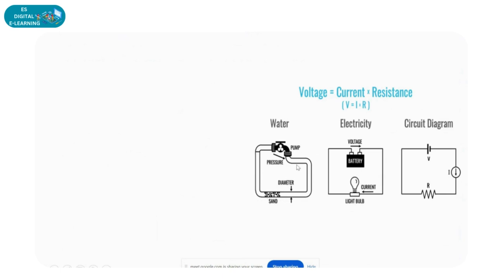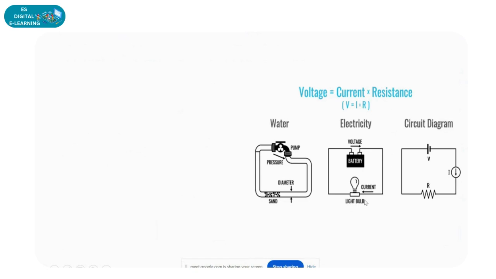So let's consider the same example in terms of electricity. We have a battery and a bulb. Whatever voltage you are giving from the battery will be supplied to the bulb, and that supply from the voltage to the bulb is the current.